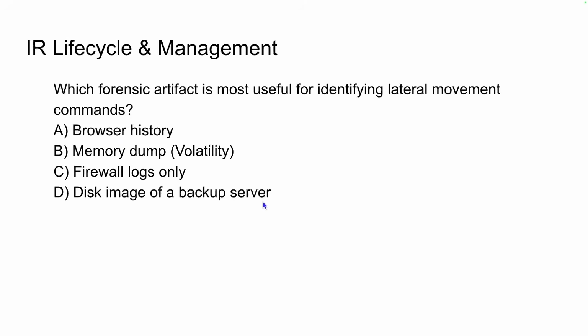And the disk image of a backup server is the disk image of a backup server, so that doesn't seem useful to us either. So really, the only thing that stands out is the memory dump using Volatility, because commands will exist in memory, and a lot of times commands get wiped after the computer is reset, turned off, or rebooted. So memory dumps would probably be the most relevant answer.